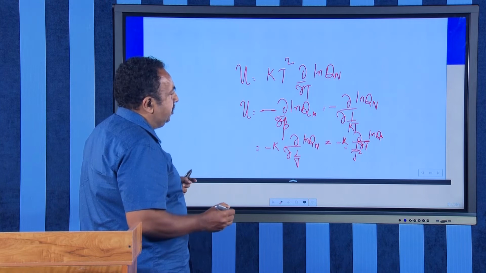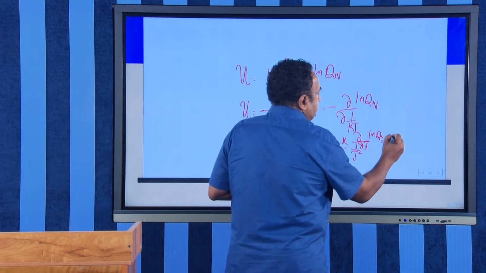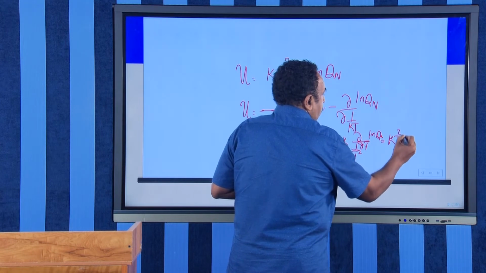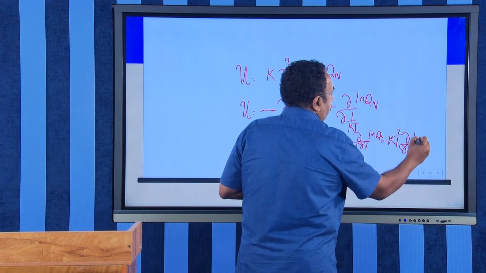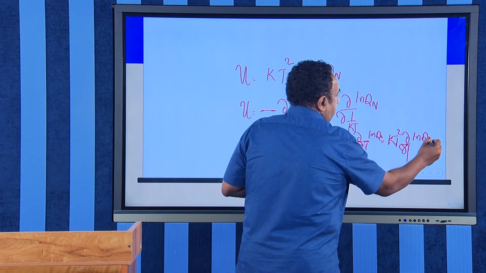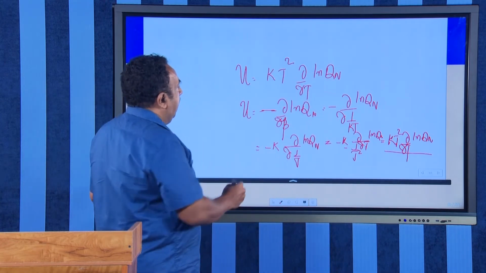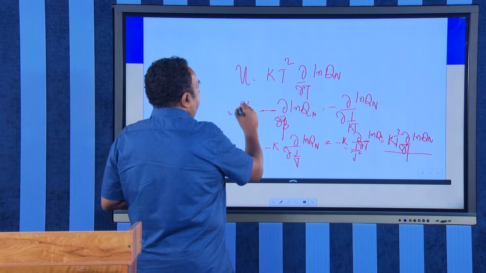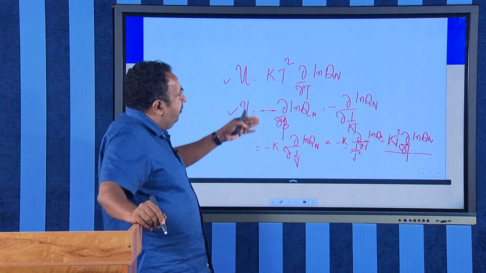That minus minus cancels, and T square goes to the numerator, which I get as kT square dou by dou T of log Qn. That is, the equation kT square dou by dou T of log Qn and minus dou by dou beta of log Qn are the same. Why do you have two different equations?